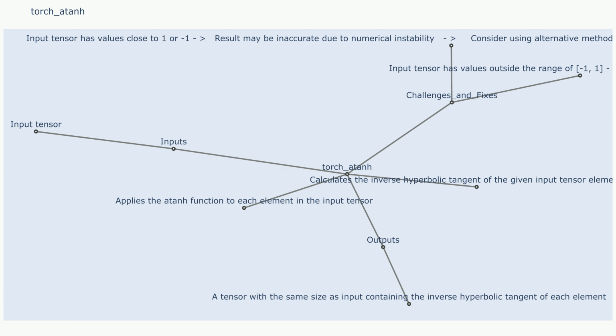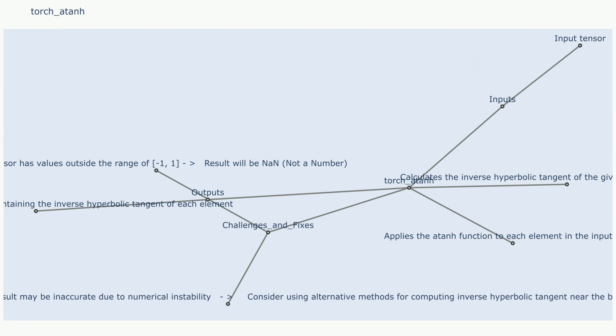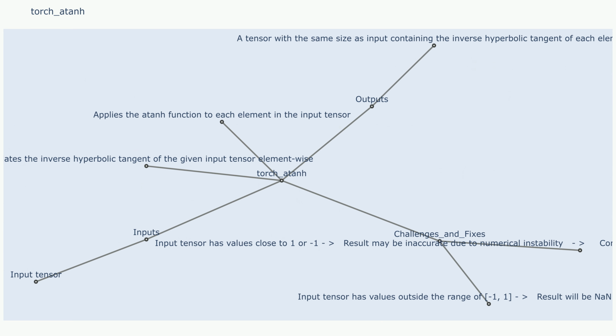Challenge 2. While the torch atanh function can handle tensors of different data types, it's crucial to ensure that the input tensor's data type is appropriate for accurate results. Sample use case that resulted in challenge 2. If you input a tensor with an incompatible data type, the function might produce inaccurate results or errors.